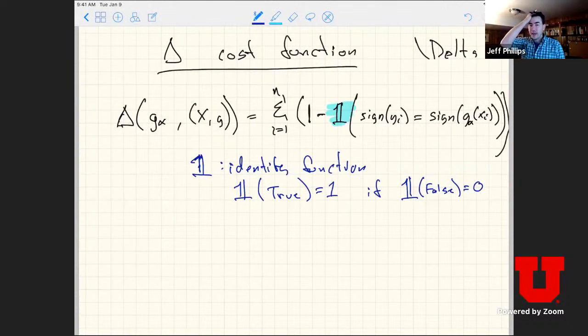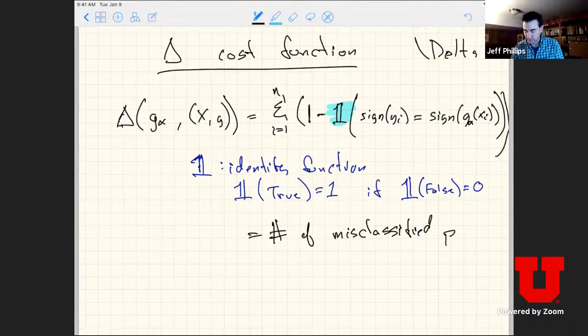And if it did mismatch, I predicted -1 when it was +1, or it was -1 and I predicted +1, then the identity function is 0, and I do 1 minus 0, I get a cost of 1. So this is ultimately going to be the number of misclassified points. I'm counting how many points I've misclassified.